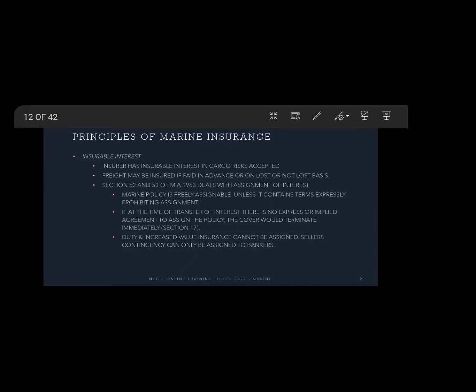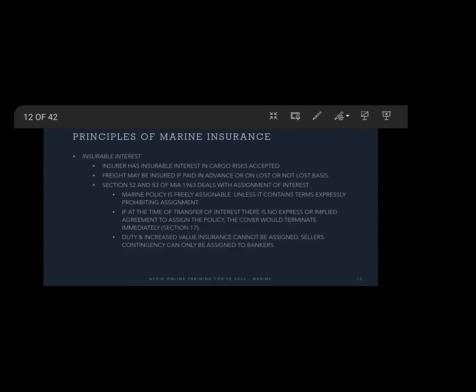Similarly, in marine insurance, there is a stoppage of coverage, only if there is a pre-agreed agreement between the seller and buyer that there will be an assignment of the policy, only then will this marine insurance policy continue. An example would be if there is a sale on CIF or CIP terms.